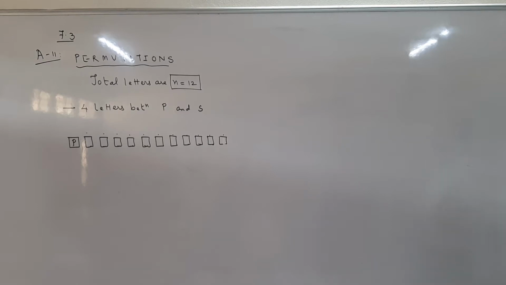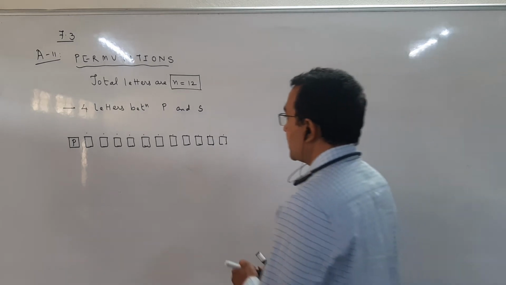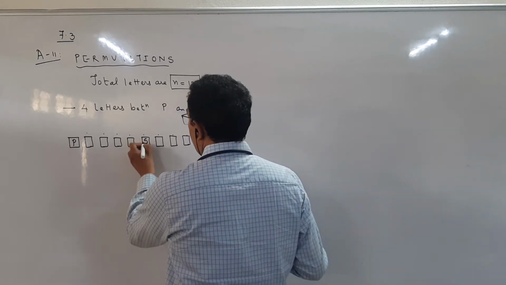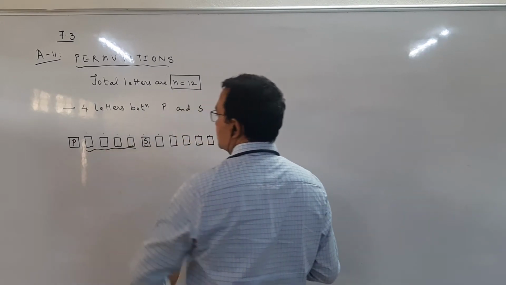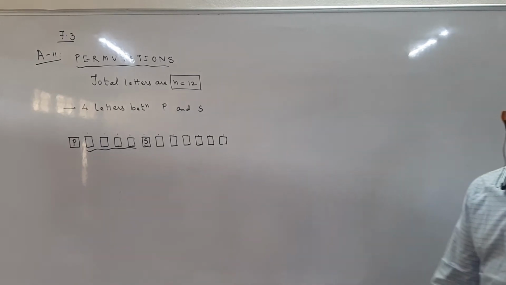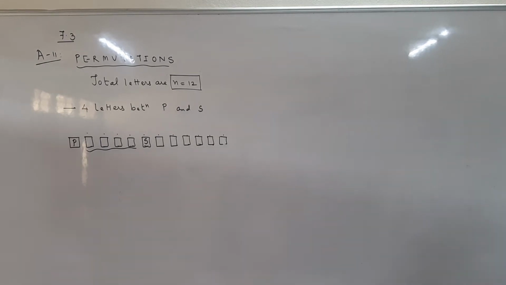Now, between P and S, we should have 4 letters like this. Students, the condition of the sum is to be very carefully and very perfectly understood.